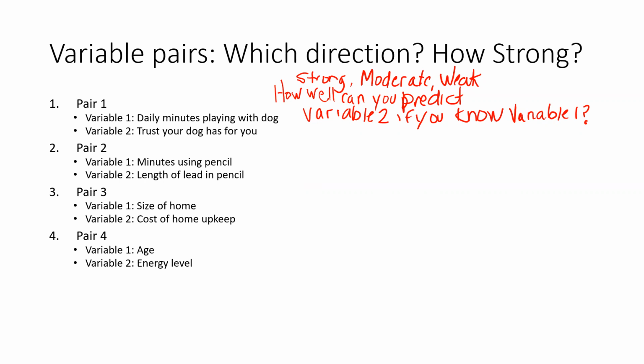And I see everyone who's weighed in so far, Donovan, I don't know if you agree, is saying negative and moderate. And I think that's probably pretty good. Could anyone name any other factor that you think might come into play here? What other factors besides age might impact energy level? Would be their health. All right, overall health could be a factor that impacts it. That's why it's not a perfect relationship.